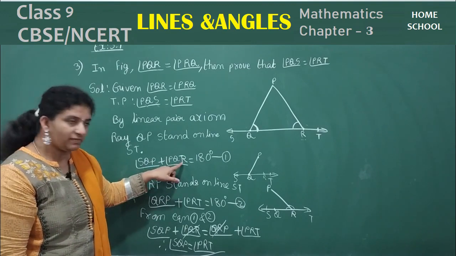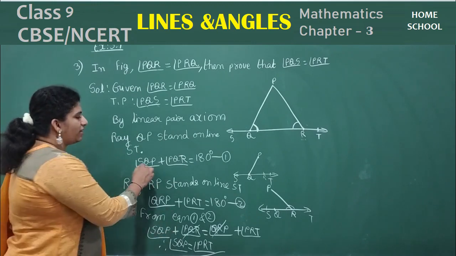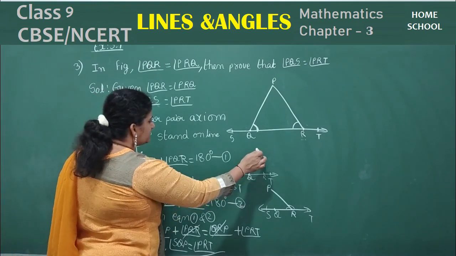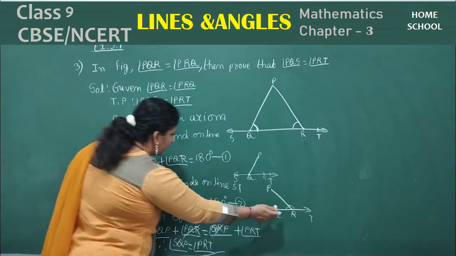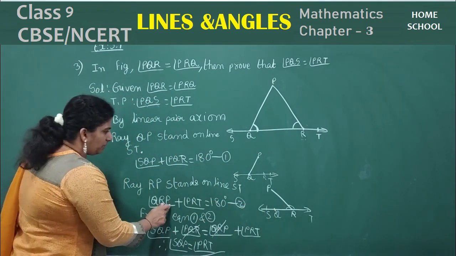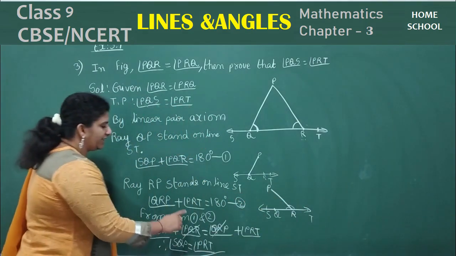So for that purpose, I have changed this T to R. Okay? So SQP plus PQR is equal to 180. Then in the same manner this line, QRP plus PRT is equal to 180 degrees.